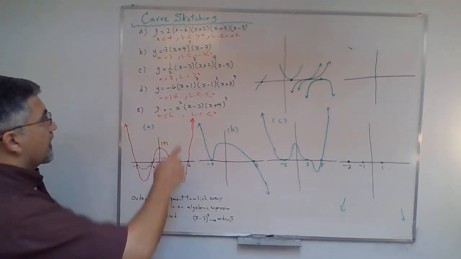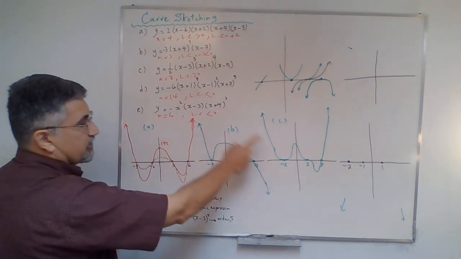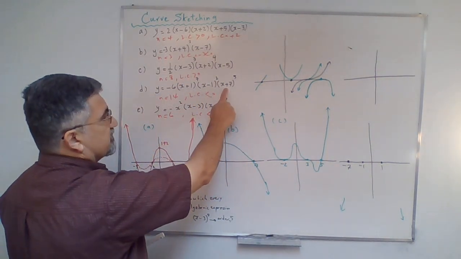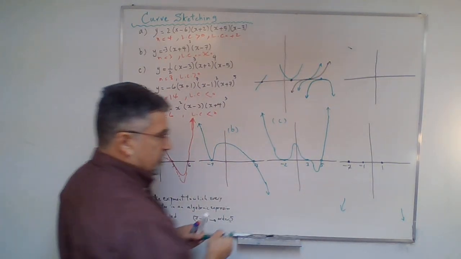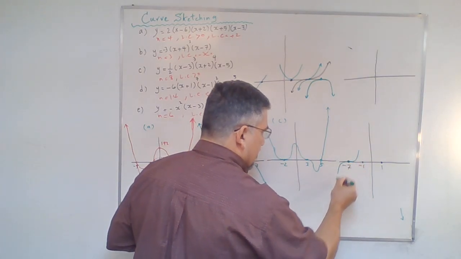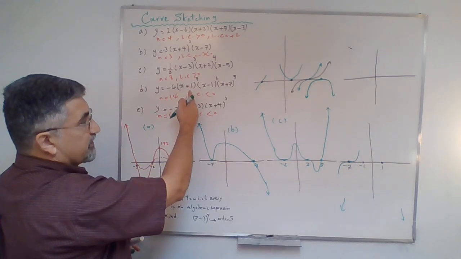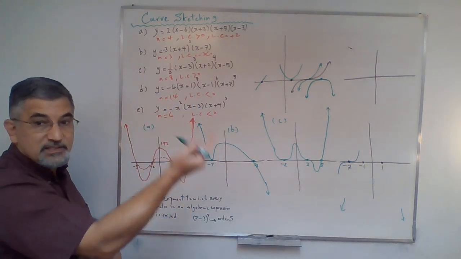Okay. And what is happening at -1? Well, let's start with -7. At -7, we have an inflection point. It's a flat inflection point. So it's going to look something like this. Okay. And at -1, we have an exponent of 7, which means that the order of the factor x plus 1 is 7.